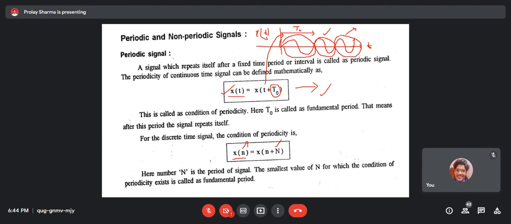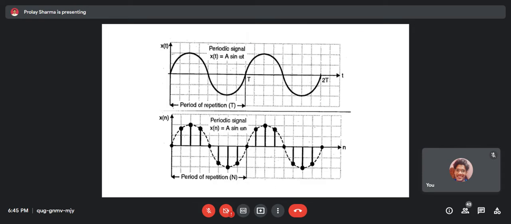So the mathematical equation in the discrete domain is represented by x[n] equal to x[n plus N]. After capital N time, the signal will repeat again. So this is the periodic signal in the analog domain, and this is the periodic signal in the discrete domain.